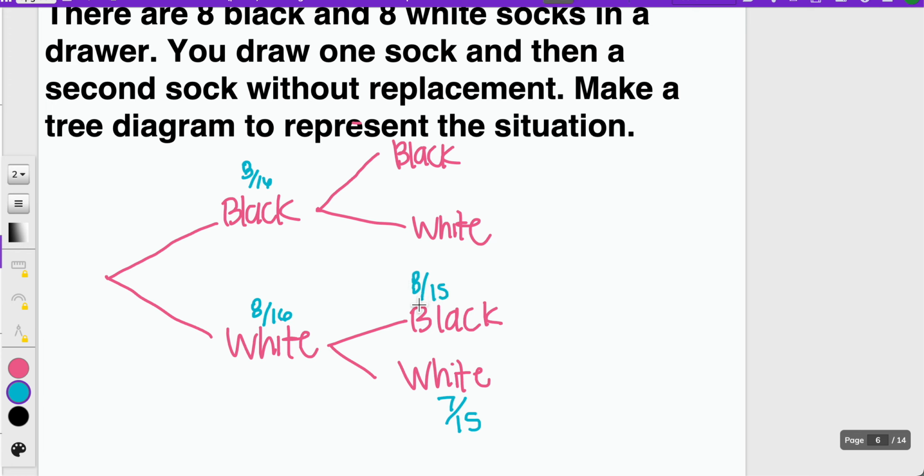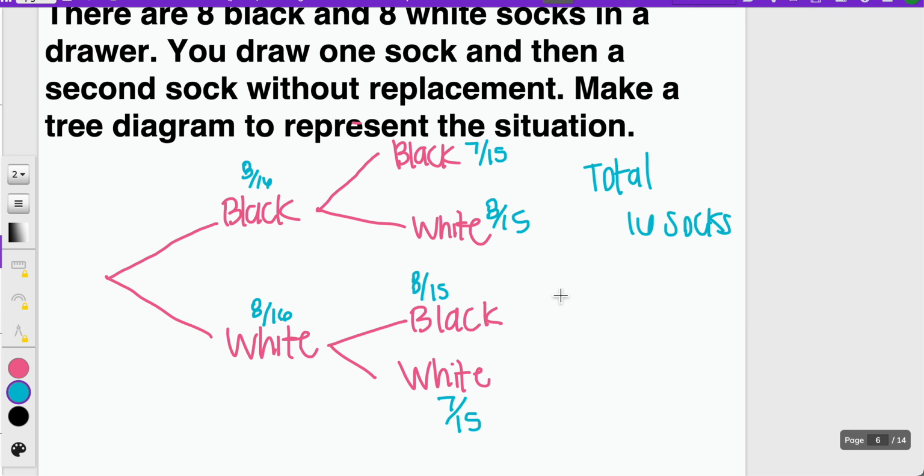Do you see that? Because there would still be 8 options to choose from. Or if we chose a black sock first, that means the leftover amounts would be 7 out of 15. But if we chose a black sock first and then a white sock, that would be 8 out of 15. Okay? So there's a total of 16 socks. Probably should have started with that.